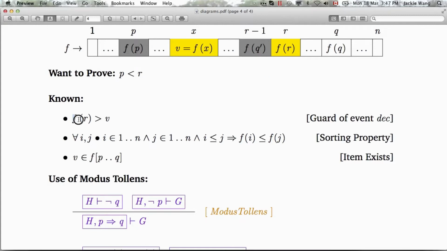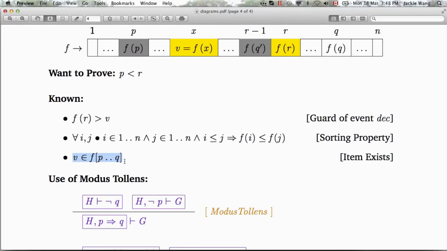First of all, from the guard that f of R is larger than V, we know that also from the sorting property, everything that's to the right of index R must be even larger than the target element V. So the element that we're looking for, which is V, cannot exist to the right of index R. And also, because of this property here, V must be somewhere in the array.